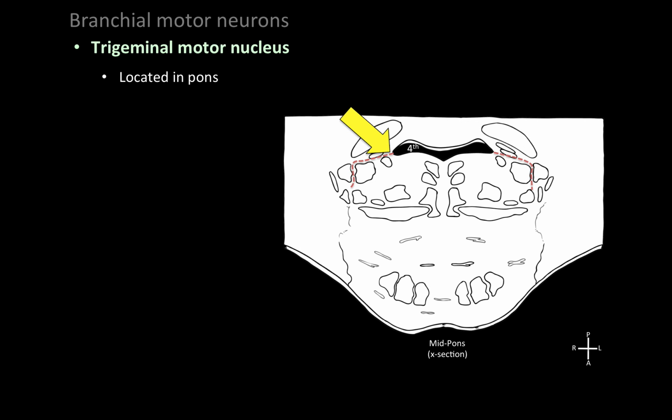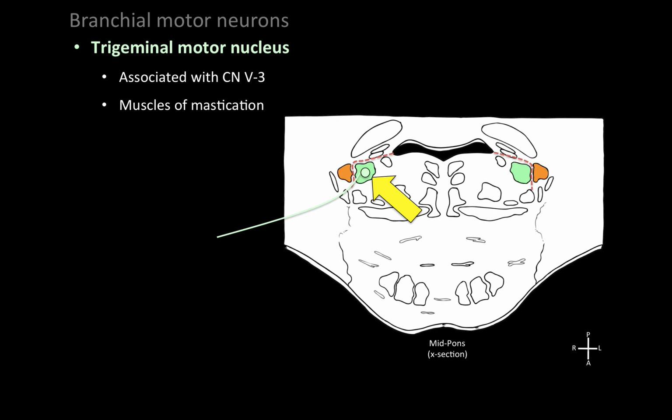We find the sulcus limitans there, and because of the bending and the flexures of the brainstem during development, sometimes that sulcus limitans in these orientations gets moved. There, medial to the sulcus limitans, but in a more ventral location, is where we find our trigeminal motor nucleus. This is associated with cranial nerve 5, or trigeminal nerve, but specifically only the V3 or mandibular branch.